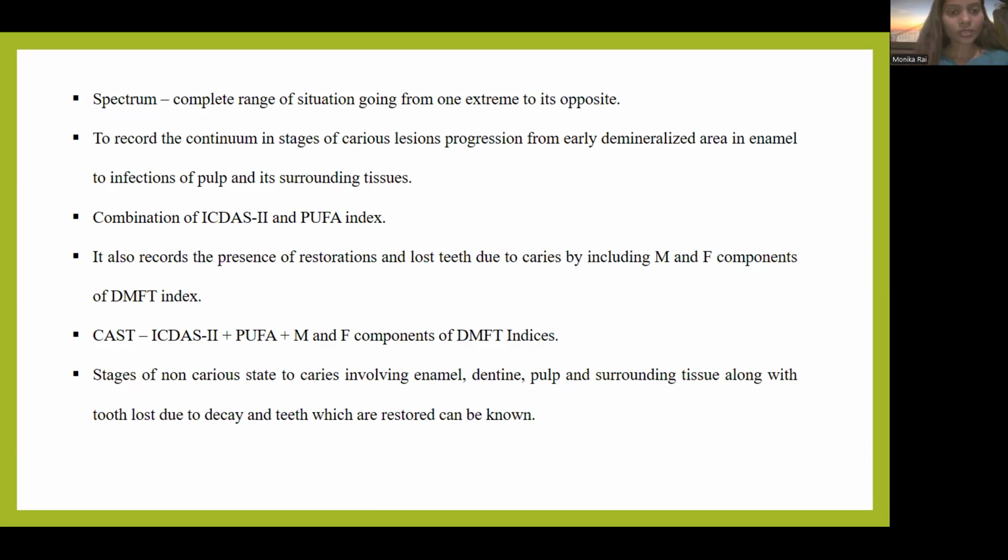It also records the presence of restorations and teeth lost due to caries by including the M and F, missing and filled, components of the DMFT index. CAST is ICDAS-II plus PUFA plus the M and F components of the DMFT indices. Non-caries stages, the state of caries involving enamel, dentin, pulp and surrounding tissue, along with tooth loss due to decay and teeth which are restored, can be known.